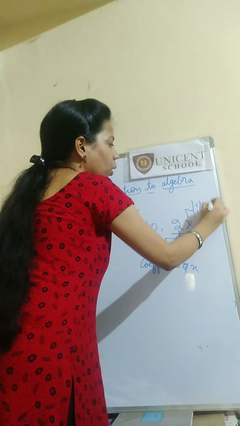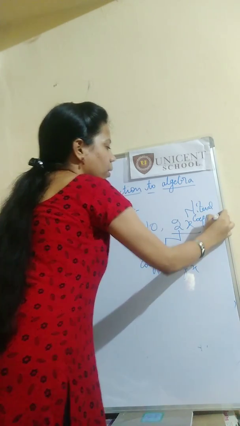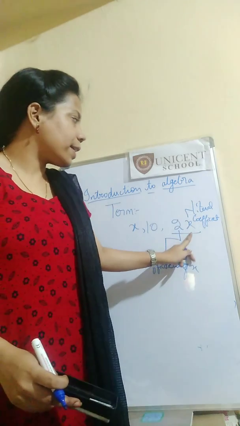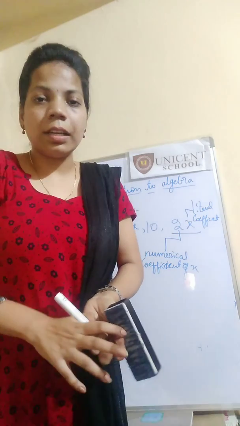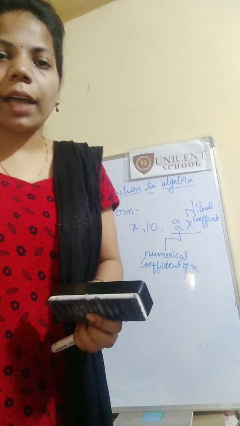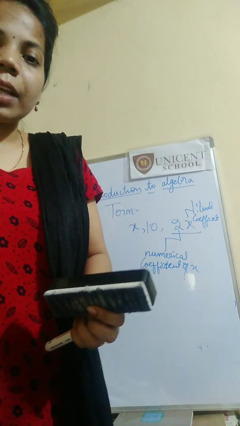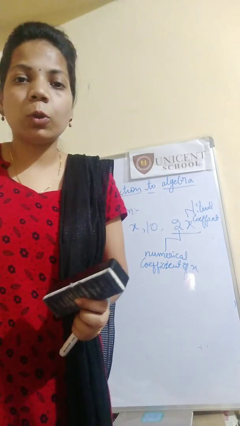Okay. Got it, children? So we have two types of terms. Okay, one is like term and the second thing is unlike term.